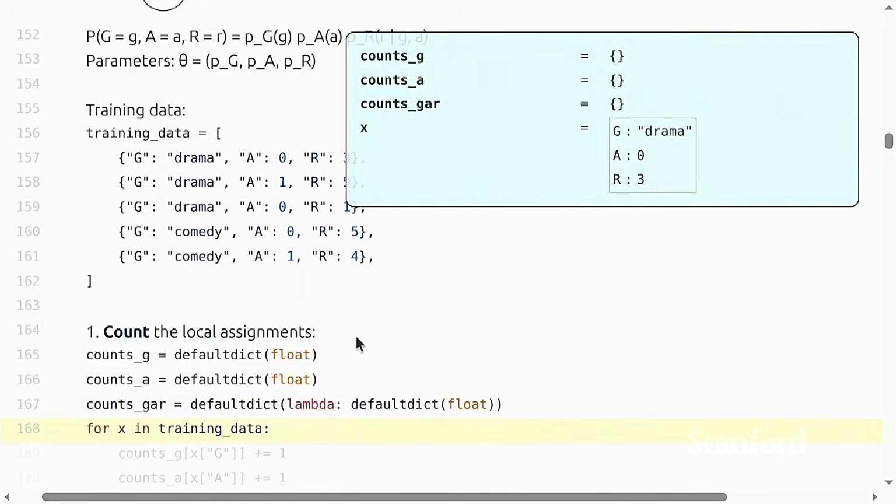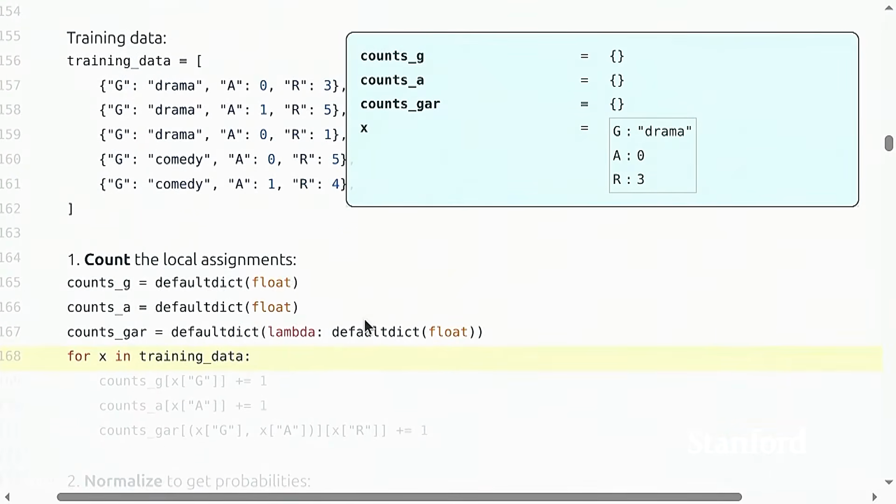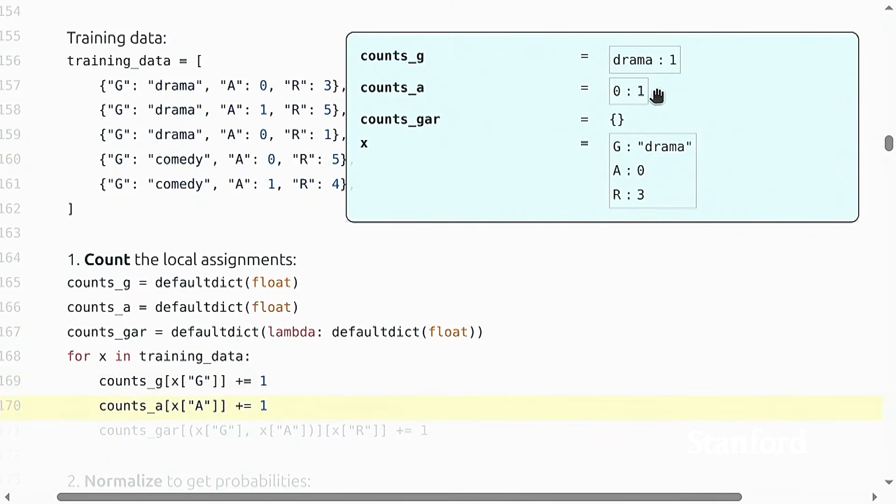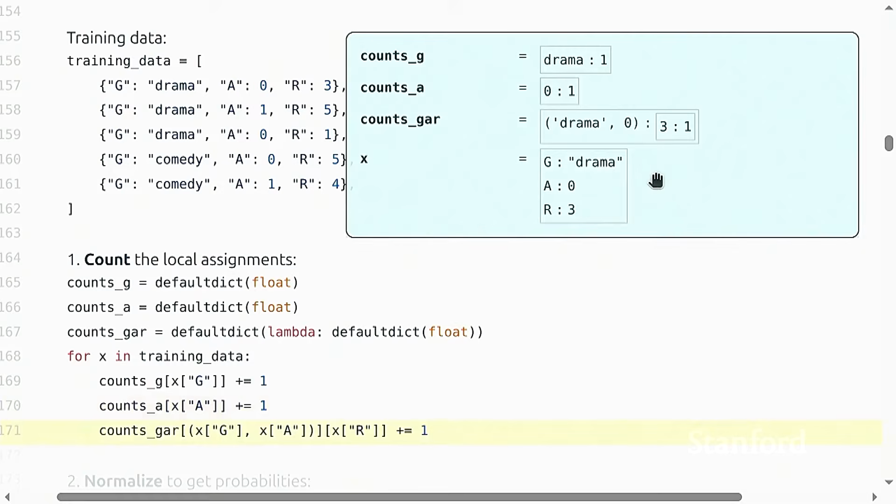Okay, so then I just go through my training data. I pick up, here's a drama, no award, rated 3. So then I count, update G, update the counts for A, and then update the counts for R given G and A. And the way I've structured this is very suggestive of the probability that I'm going to estimate.